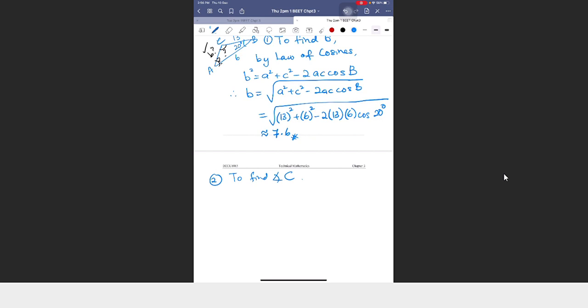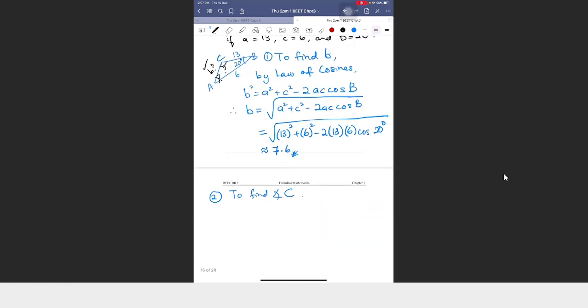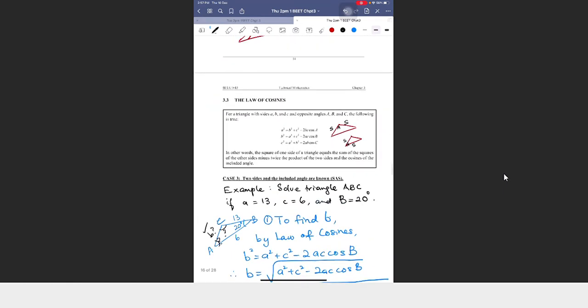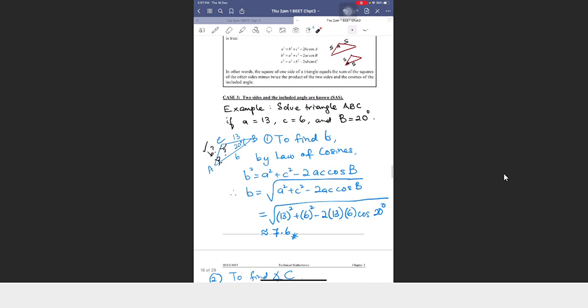I'm going to use the law of sine, but I can just quickly show you how to use the law of cosine. Because what you want is angle C, you are going to look at the last formula, which is C squared equals A squared plus B squared minus 2AB cosine C. Because you want the angle C, you are going to use that.